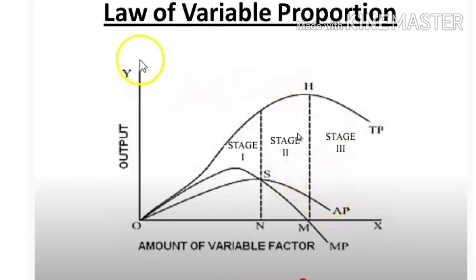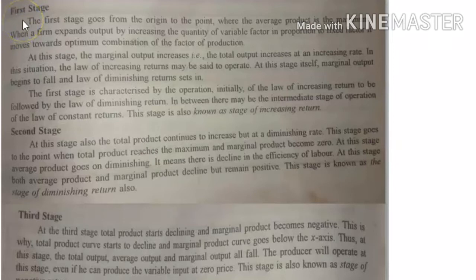So this is the law of variable proportion. The first stage shows an increasing trend. After that the TP reaches its maximum. Then when marginal product is diminishing, we can see the TP going on diminishing. Hope you understood this graph. Write these things in your notebook.